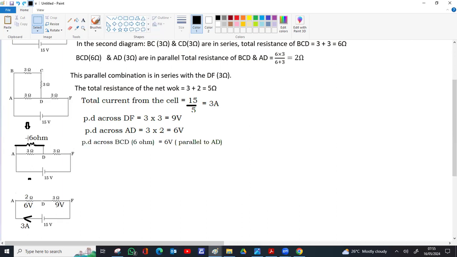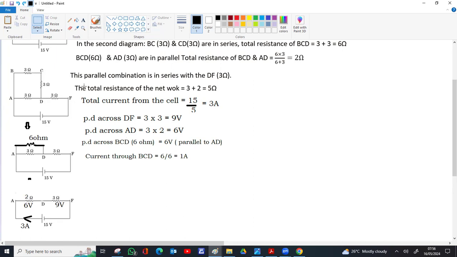So now this is 6 volt. So you can find current through that. 6 volt here, 6 volt here. So the current through 6 ohm will be 6 volt potential difference by 6 ohm, that will be 1 ampere. So 1 ampere current flows through the 6 ohm.